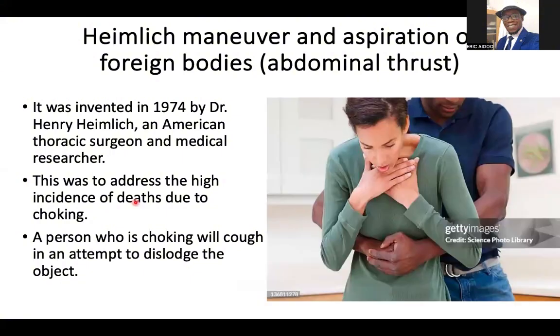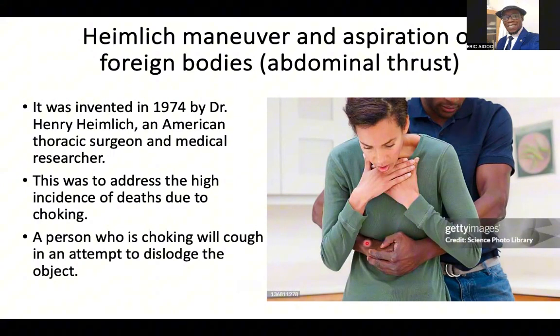So a person who is choking will usually cough in an attempt to dislodge the object. So this is how the Heimlich maneuver is done. The one who is choking is in front, and the one who is going to help will be behind.